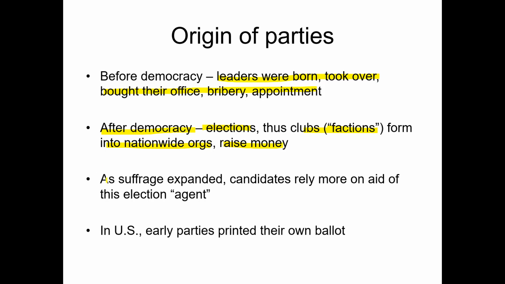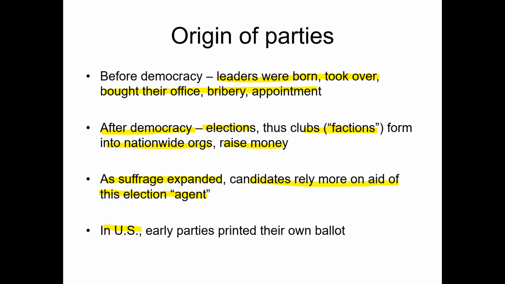And as voting rights and suffrage expanded, candidates began to rely more and more on the aid that this election agent could provide for them. In the United States, once those parties started to form and determine the direction that elections would go, the parties had a considerable amount of control over that.